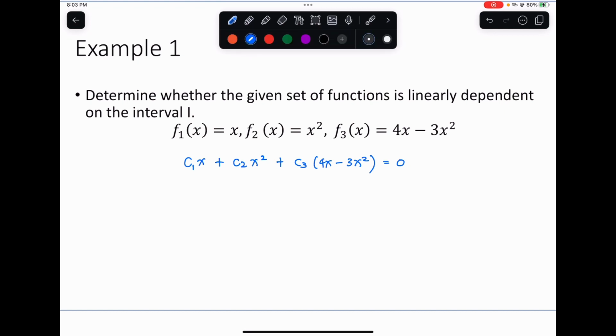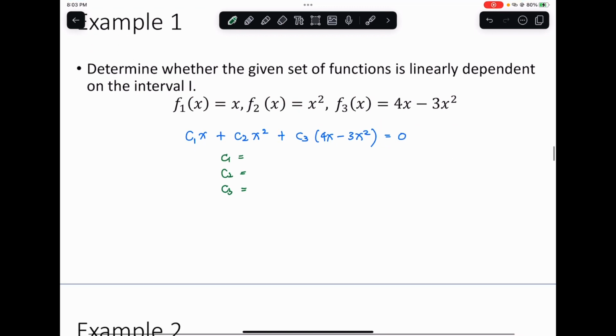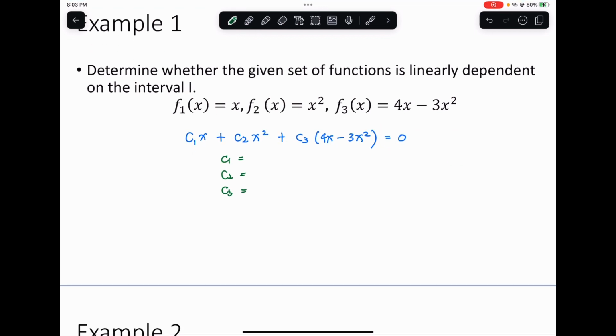So we need to think of the values of c sub 1, c sub 2, and c sub 3, so that once I substitute those values into those arbitrary constants and it yields 0, that makes it linearly dependent. In here, we just look at similar terms. This is x, this is 4x.